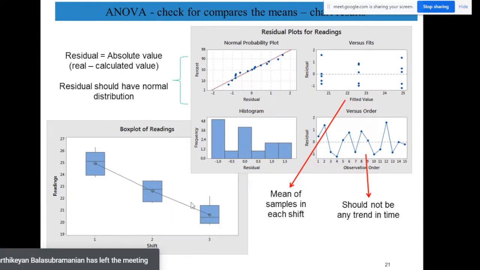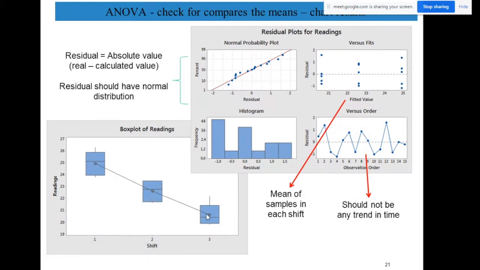Here we can see with the line connecting the means a clear-cut difference between the means. But within each group, we have similar variation, not unequal variation. That is the meaning of R square in simple language.